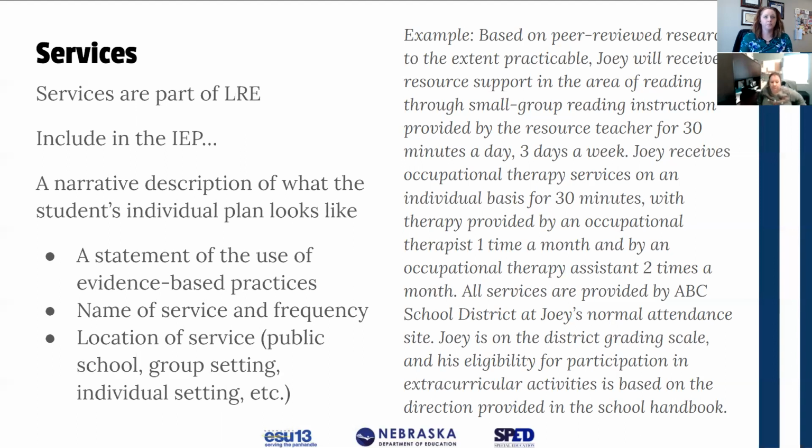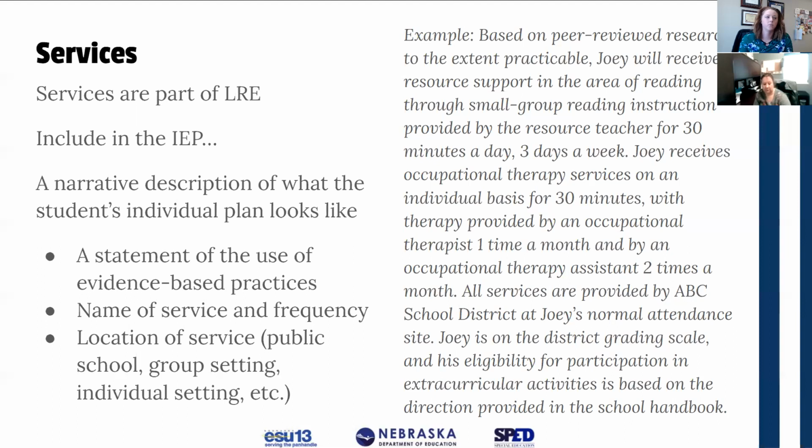So gets support in reading with small group reading instruction, and then a frequency, and then additional services he receives like occupational therapy. And then who is providing services? So they're provided by the school district at his normal attendance site. And then you might also include, depending on the age of the student, a statement about what kind of grading scale the child will be given grades on, and if they can participate in extracurricular activities or if they need supports to do that.